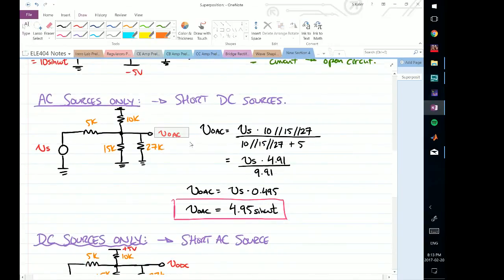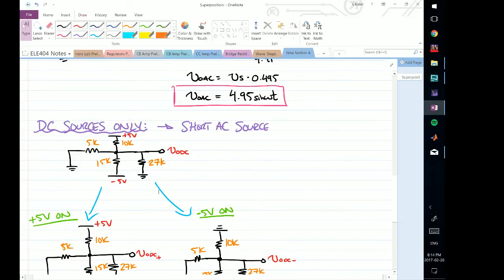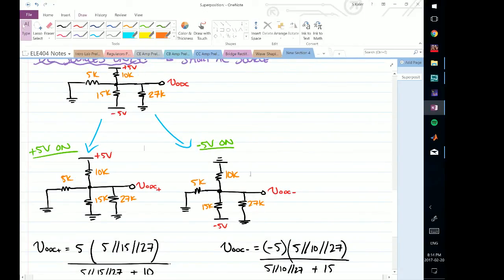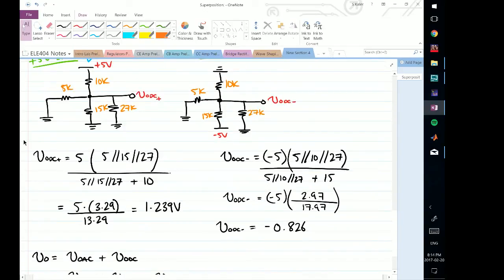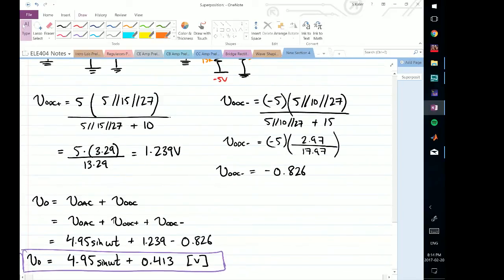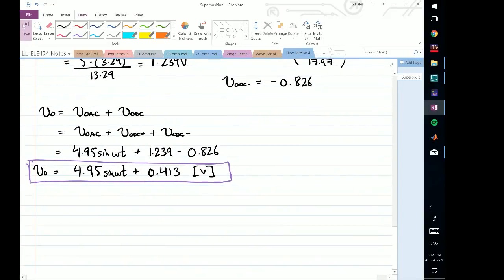In this case, we call it VOAC because it's only the AC component. So we find VOAC when it only depends on one source. Now I look at the DC sources. So I find VODC when it depends on these two sources. Now in this case, I figured I'd make it even easier by considering two sub-sub-circuits. And so these sub-sub-circuits have single voltage sources, and we basically did voltage division across both of these, added the results together, added that to our result that we got from the AC component, and we have our final AC plus DC voltage here.